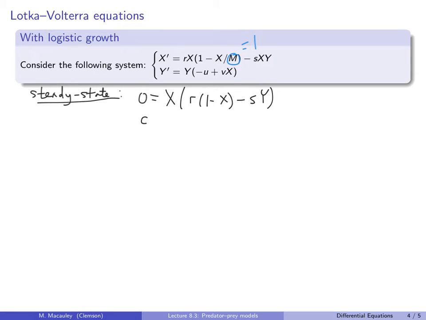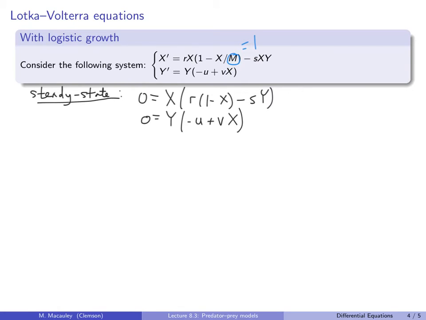And then the second equation, y prime being 0. So set this equal to 0, that's quite easy. It's just what we have right there, y times minus u plus vx. Okay, so you can solve this one of a number of ways.